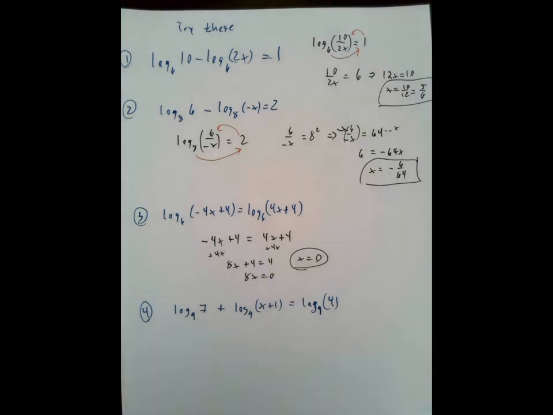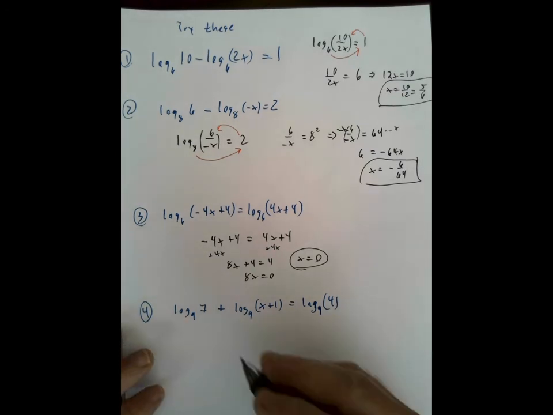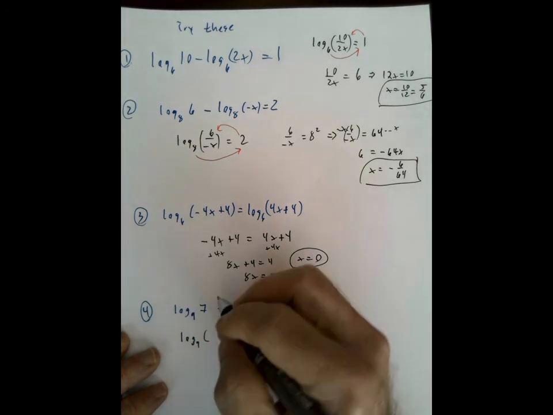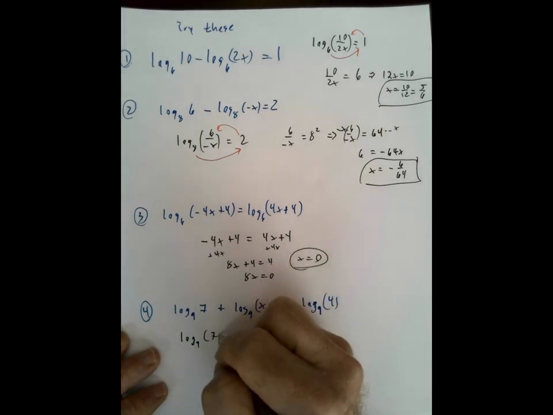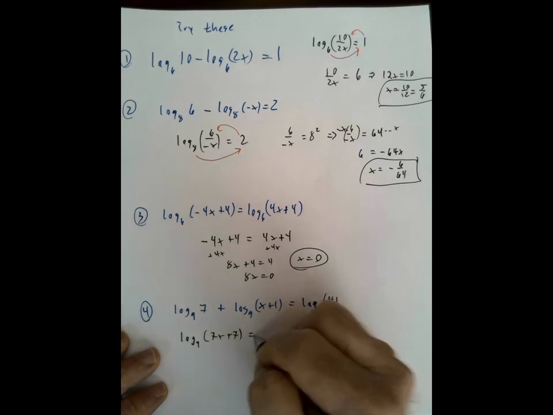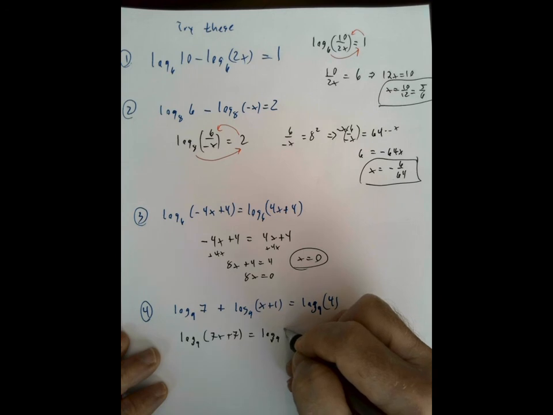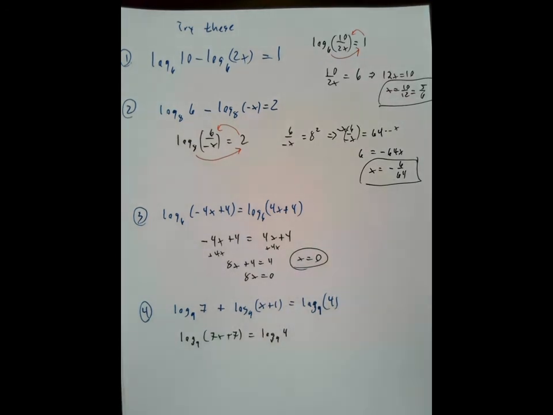This one here, we're going to combine through multiplication first, because we have to combine those terms. So this is going to be log 9 of, if we multiply those together, 7x plus 7 is equal to log 9 of 4. Again, now we've just got a log on each side.